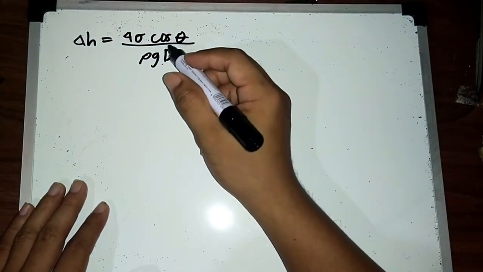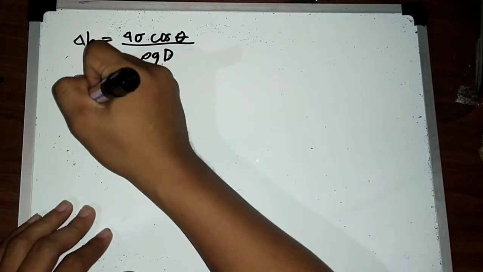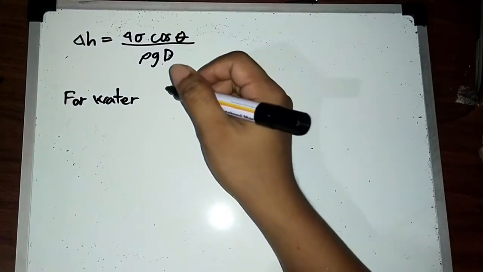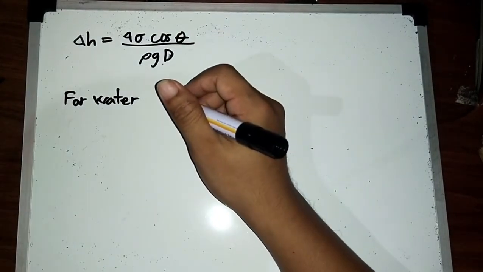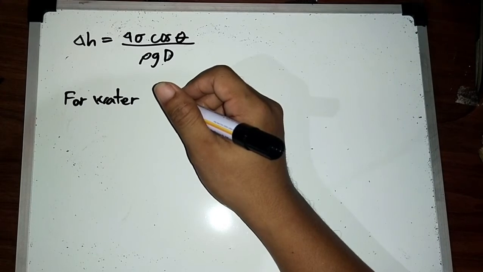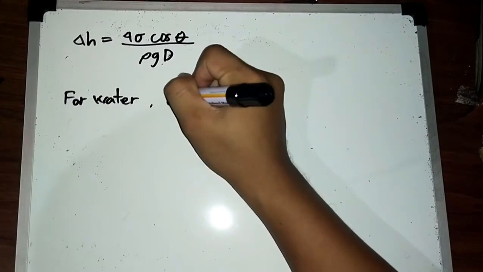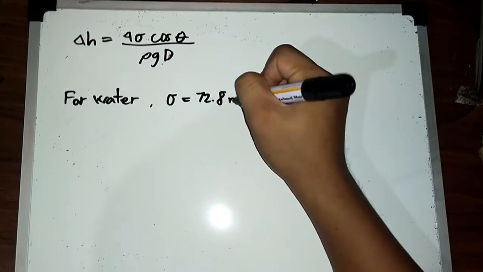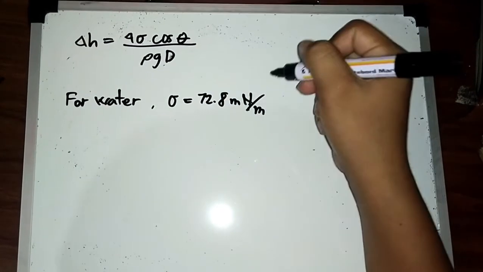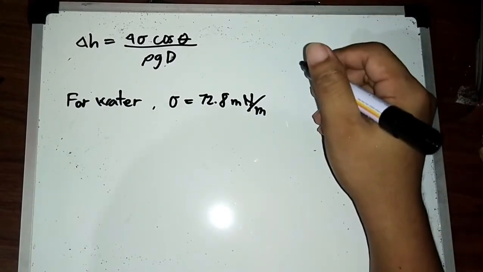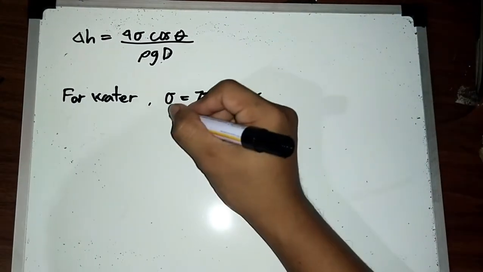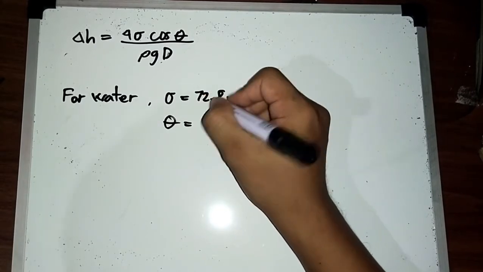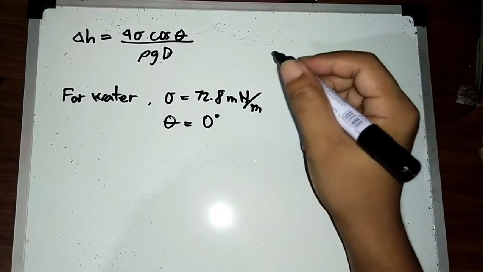So for water, we will check on the table. The surface tension of water, sigma, is equal to 72.8 millinewton per meter, and the contact angle theta is equal to 0 degrees.